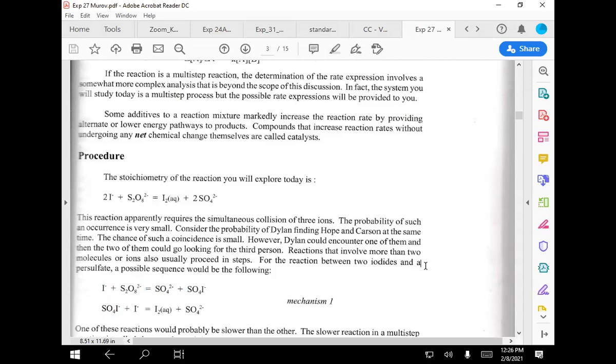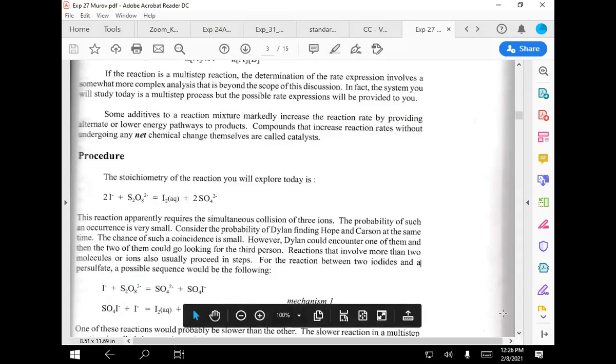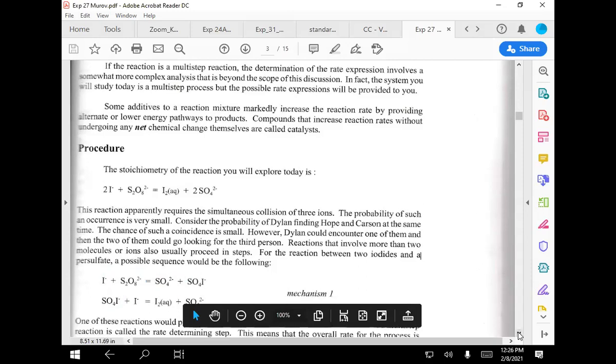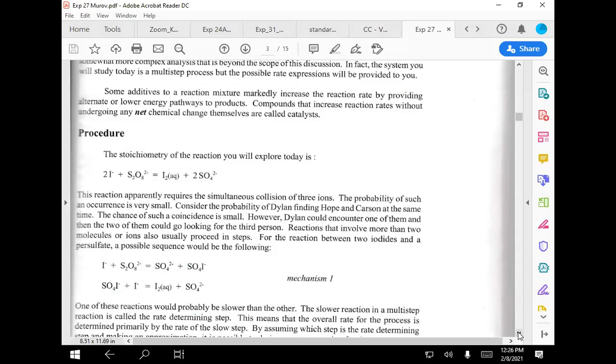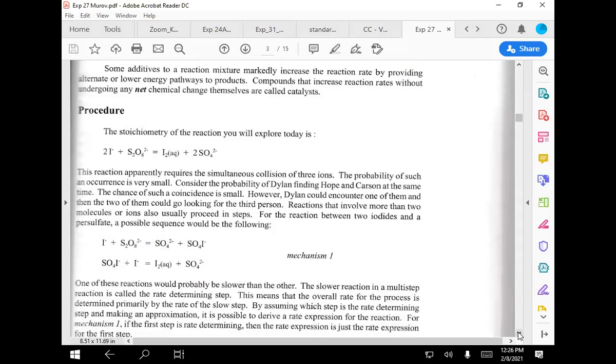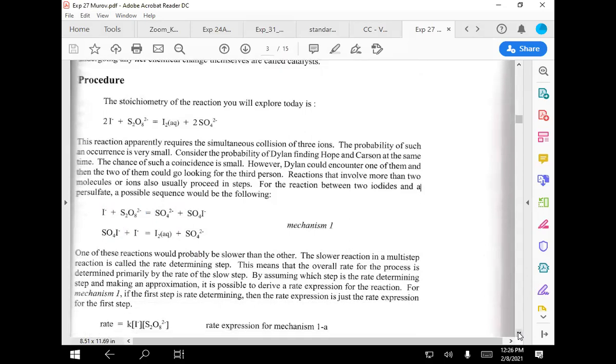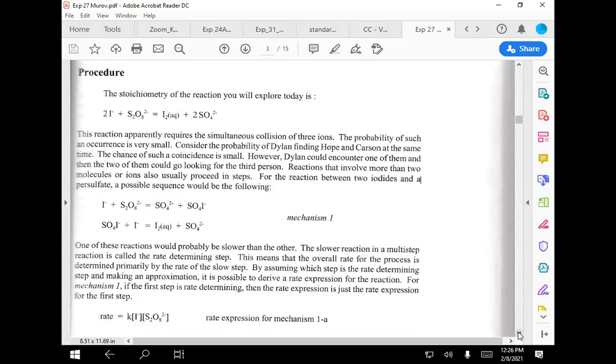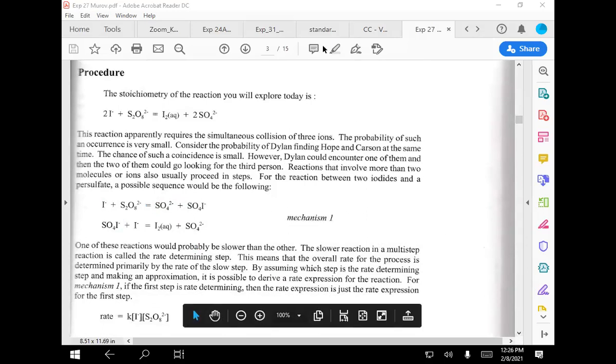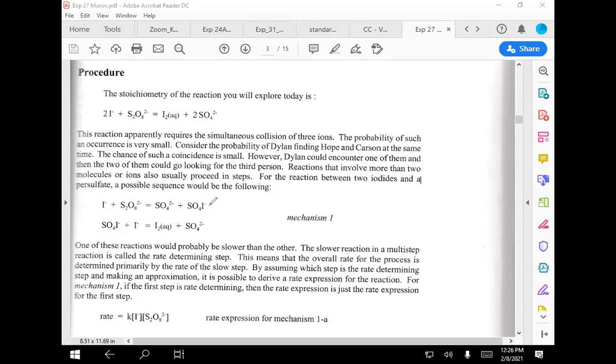So we know for a 2-step mechanism, one of them has to be the slow step, and one of them would not be the slow step. If we can determine the slow step, then we can determine the rate law. But we have to know what the slow step is. So this is saying that if this is our slow step, then the rate law depends on just these reactants.